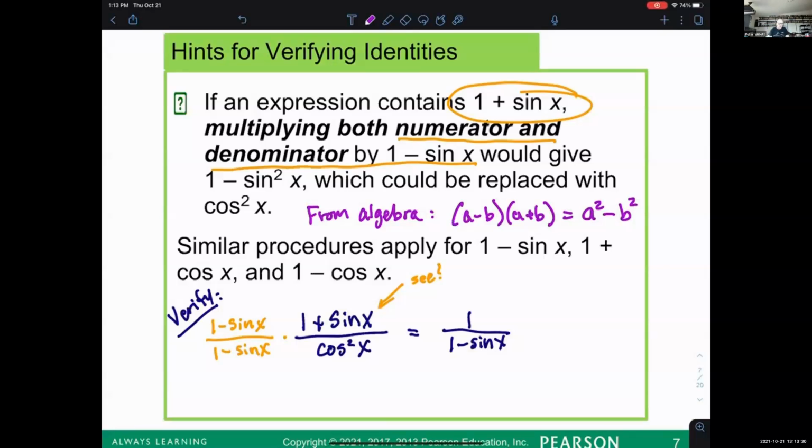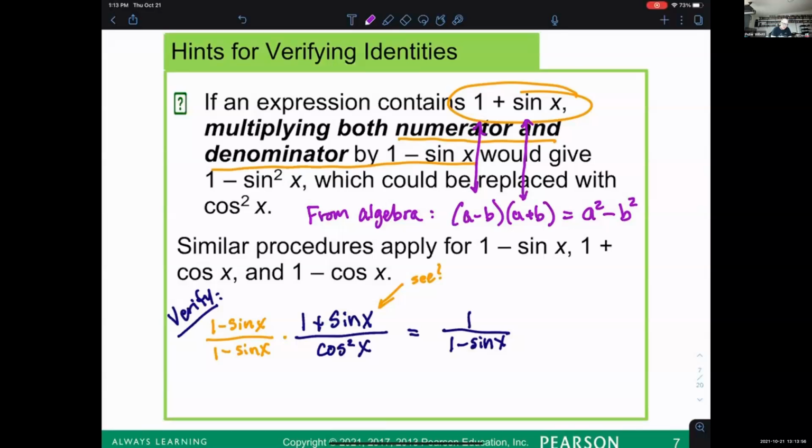And so what they're saying is that the 1 plus sine x, you would match up with the a plus b. And then to get the difference of squares here, we could multiply by the conjugate. The conjugate is when you have the same two terms and you just change the plus in the middle to a minus, or vice versa.